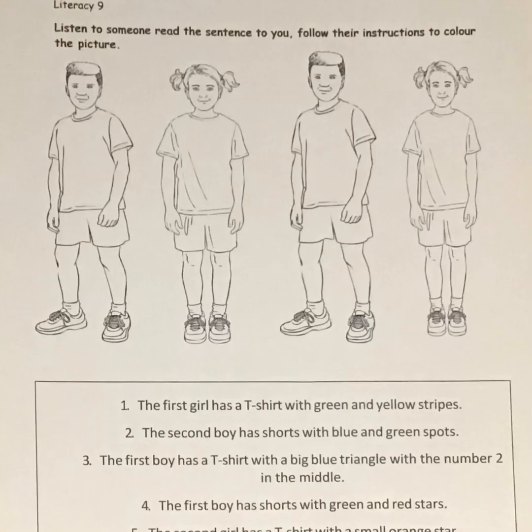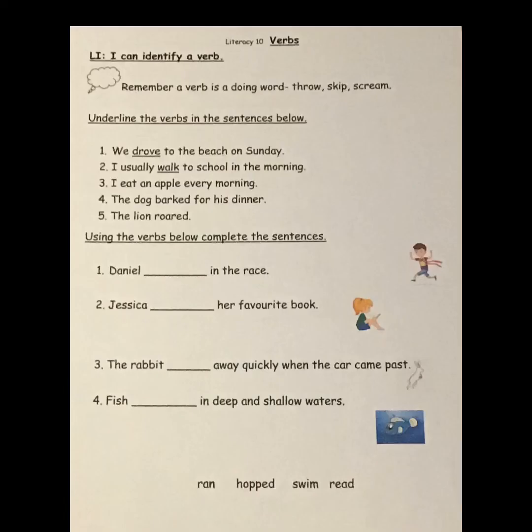Literacy 9 is a listening task. The sentences at the bottom of the page should be read to the children, and they should follow instructions given by colouring in what they have heard. Activity 10 is a verb activity.